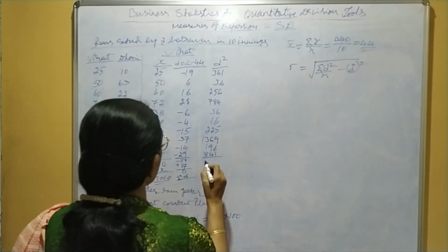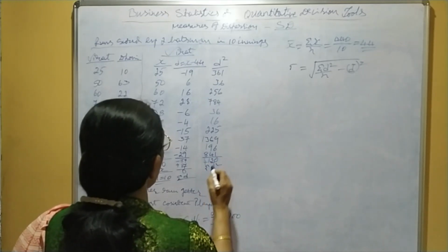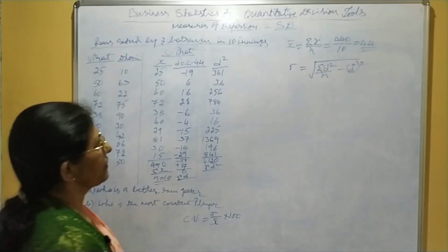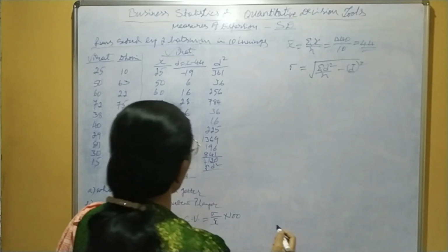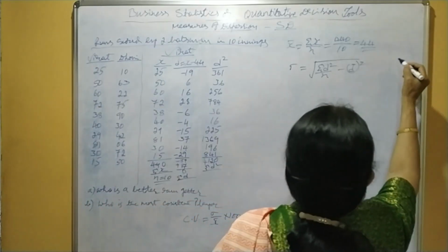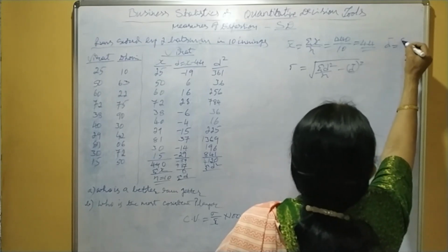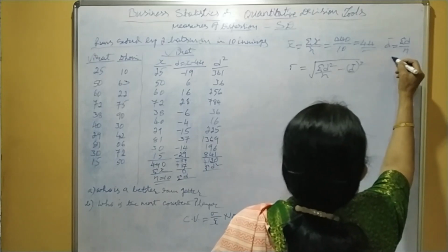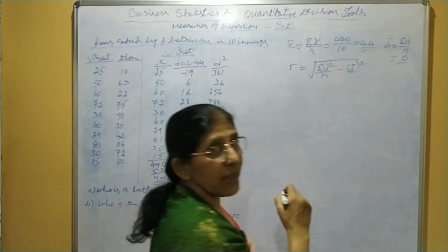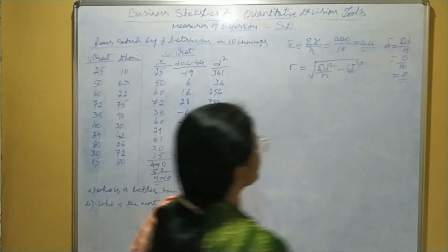It comes to 4120. That is sigma d square. Okay. Now here next step, before taking this formula we have to find out d bar. Now d bar equals sigma d divided by n. Sigma d is 0 divided by n. n is 10 equals 0.